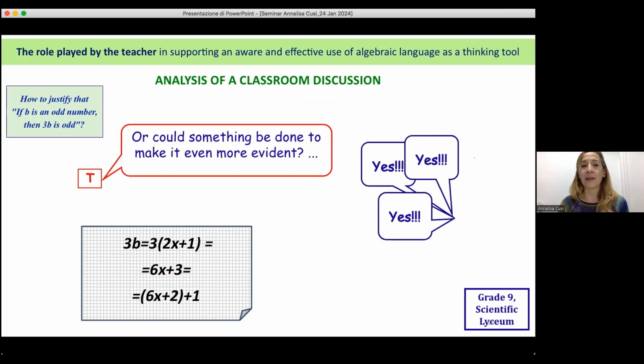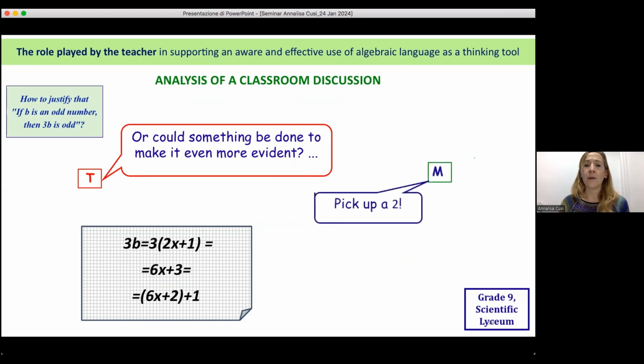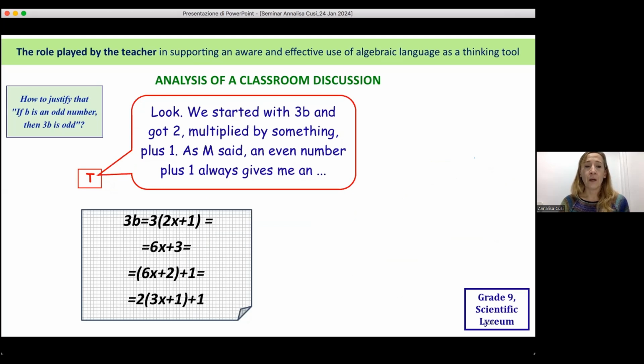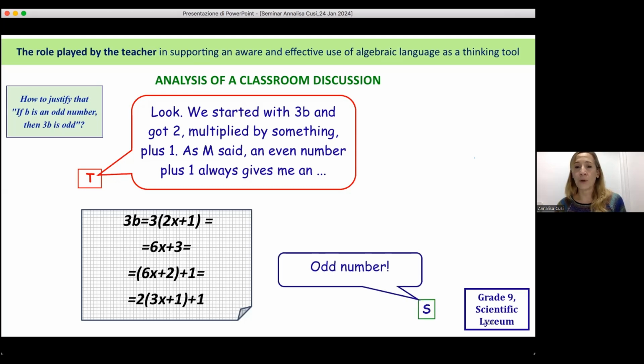Or could something be done to make it even more evident? Pick up a 2. Let's do it. We have a 2 multiplied by 3x + 1, + 1. Look, we started with 3b and got 2 multiplied by something +1. As Em said, an even number +1 always gives an odd number.